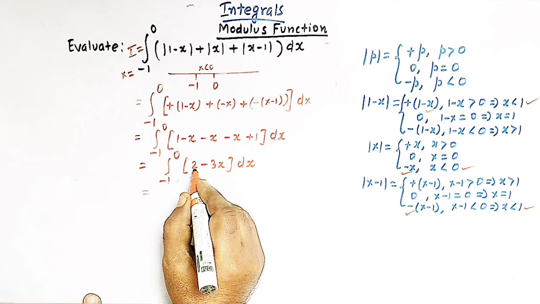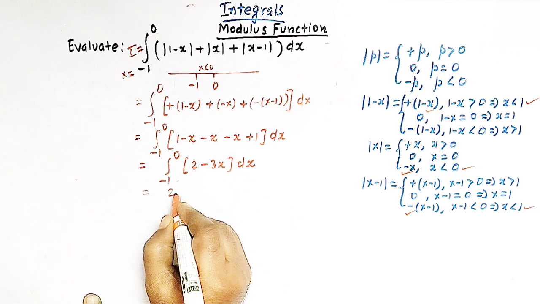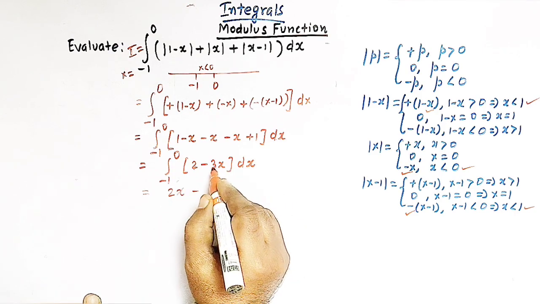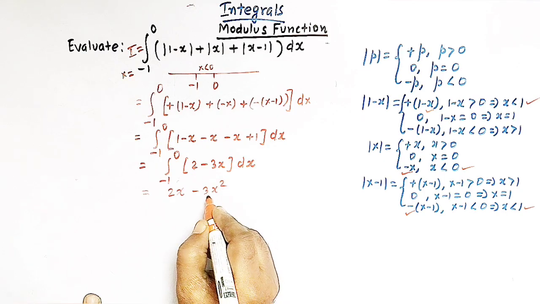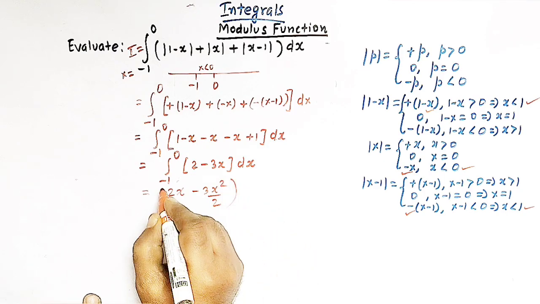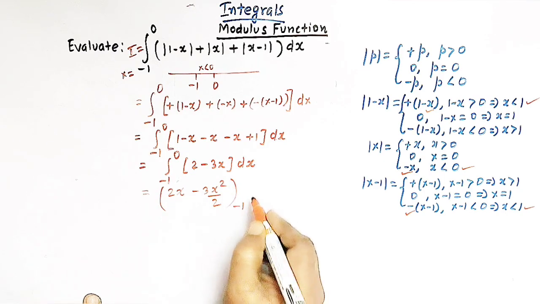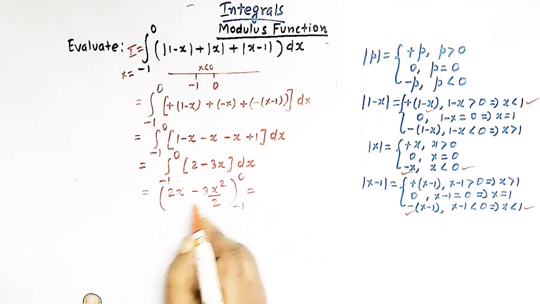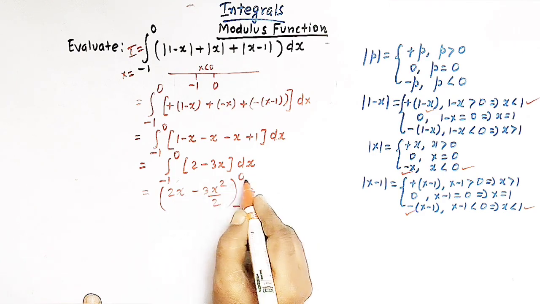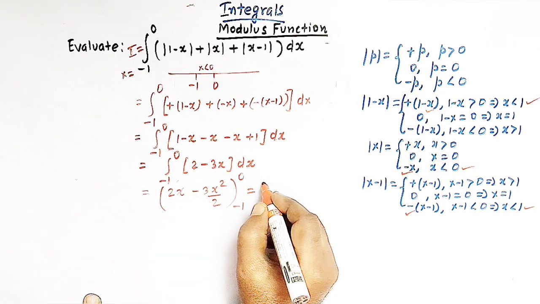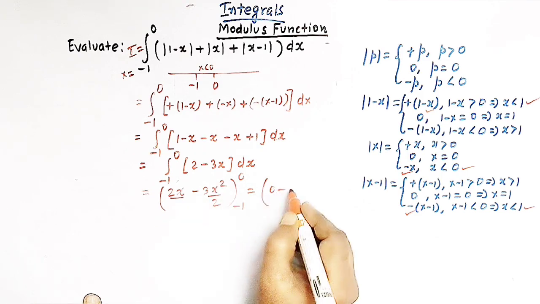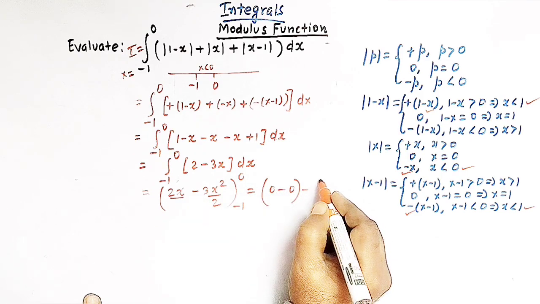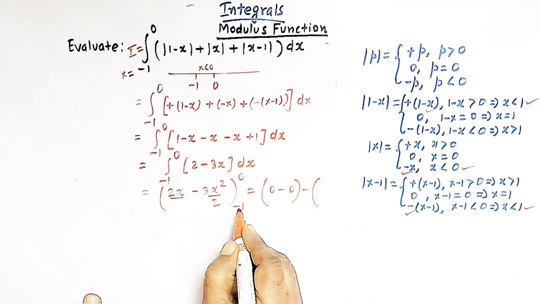So the integral of 2 dx is simply 2x, and the integral of 3x dx is simply 3x square over 2. And the limits of integration go from -1 to 0. So first we'll substitute x equal to 0. So we have here 0, then here also we have 0, and then we have the negative sign, and then we'll take x equal to -1.